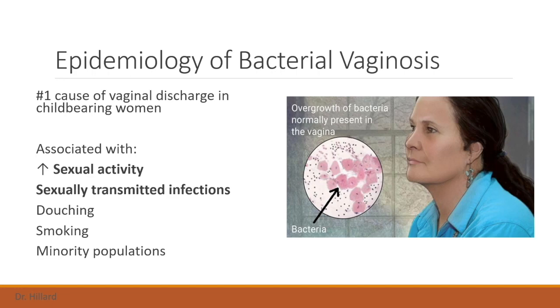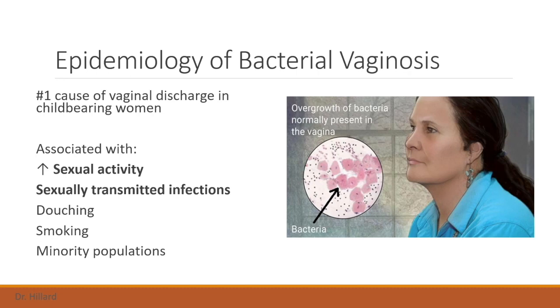Other risk factors for bacterial vaginosis include douching, which is a process where the vagina is rinsed with vinegar or an antiseptic solution. Smoking also has a slightly anti-estrogenic effect, which can also predispose to changes in vaginal flora and bacterial vaginosis.